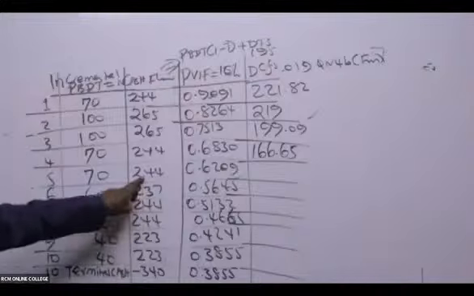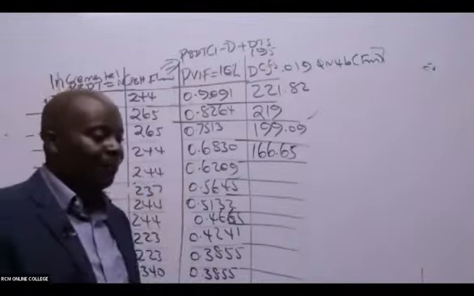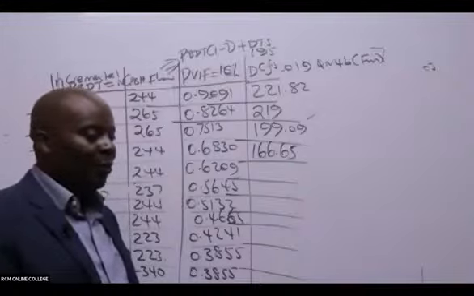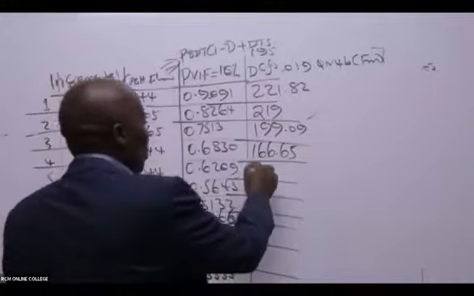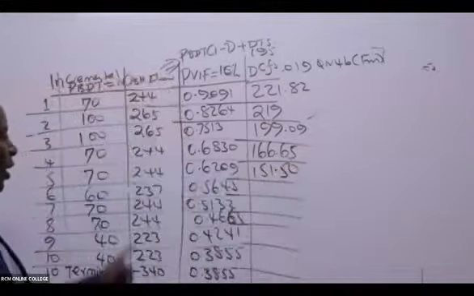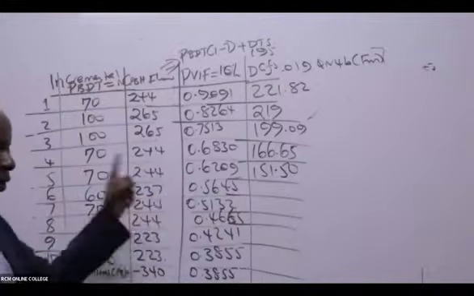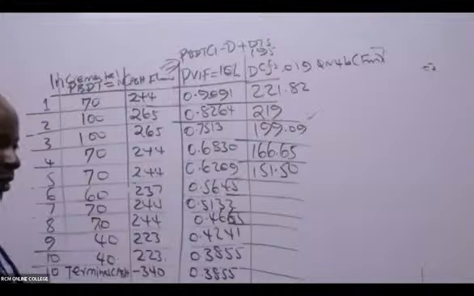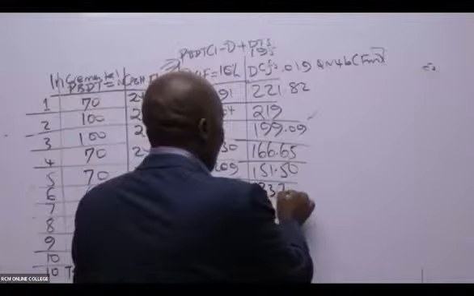Now we are taking this 244 times 0.6209. I get 151.50. Then you go to year number 6, where we have 133.79.